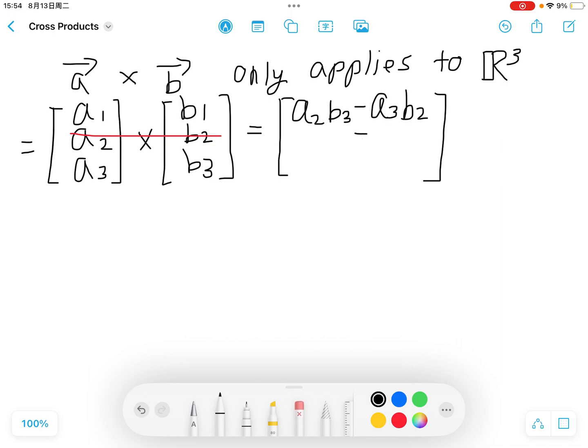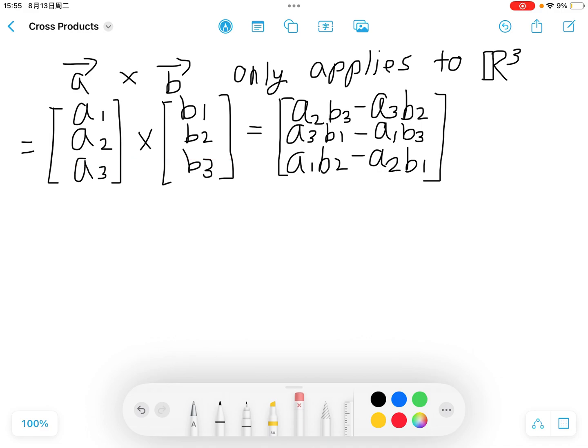We have A3 times B1 minus A1 times B3. And then for the third component, we essentially just ignore the third row. Then we take A1 times B2, again the same thing as the first row, minus A2 times B1. So this is essentially what we do in cross products.